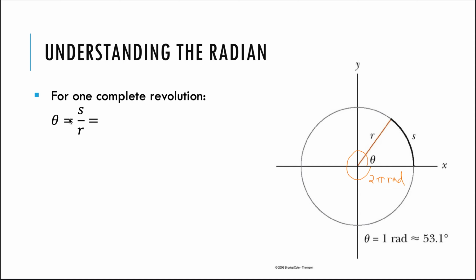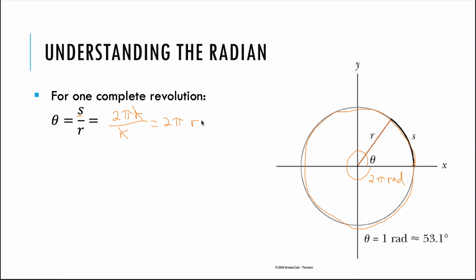Let's see that our definition, theta equals S over R, makes sense. Let's consider one complete revolution. S is the arc length. Well, if we have one complete revolution, the arc length would be the full circumference of the circle. Full circumference of a circle is 2 pi r. If we divide this by the radius r, we can see that the r's cancel and we get 2 pi.